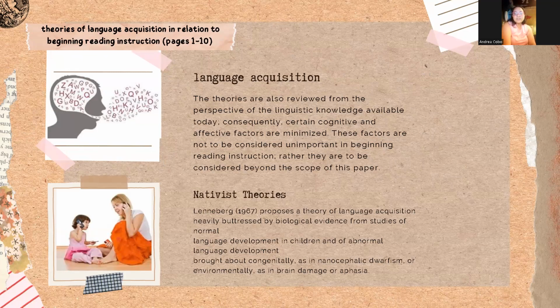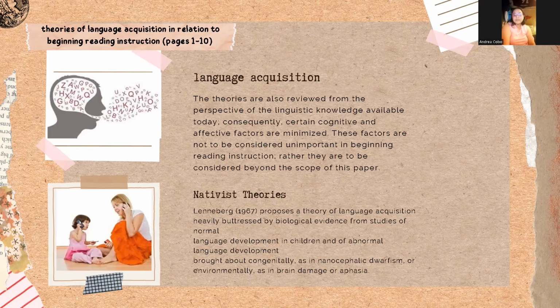Consequently, certain cognitive and affective factors are missing, and these factors are not to be considered important in beginning reading instruction. They are to be considered beyond the scope of this paper.